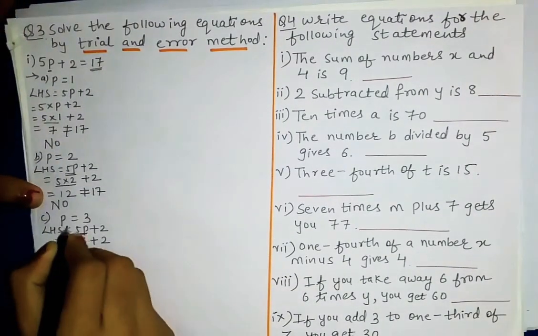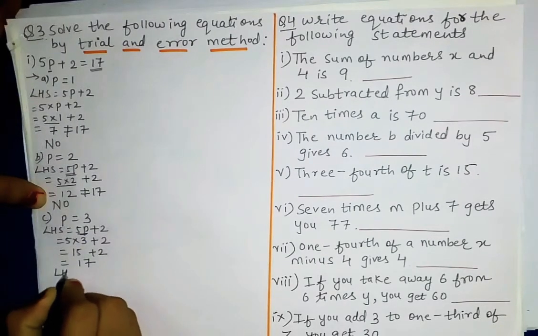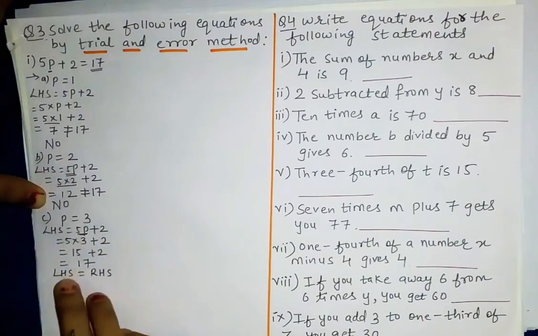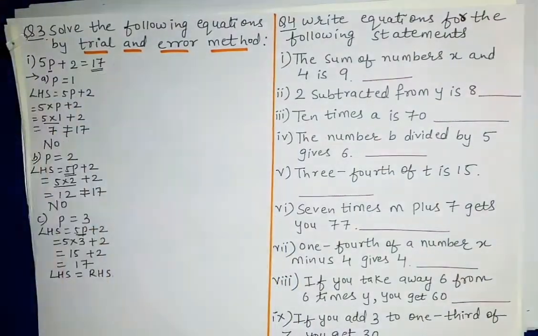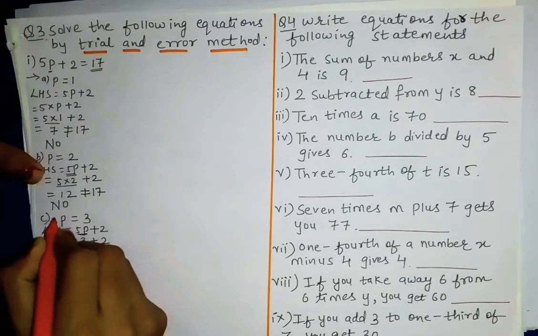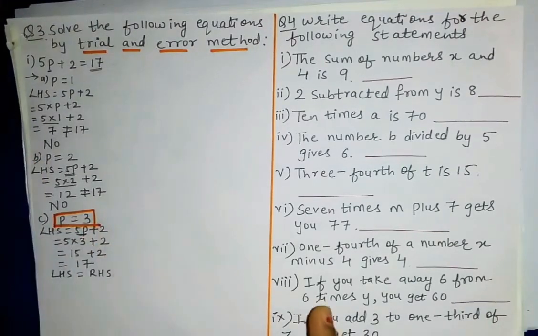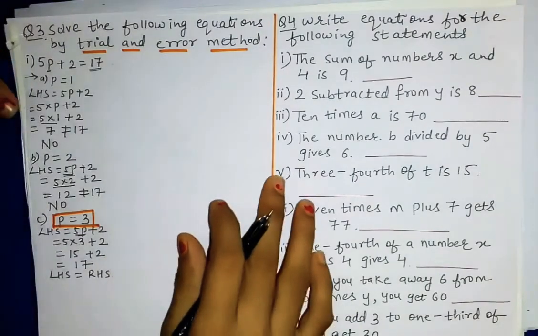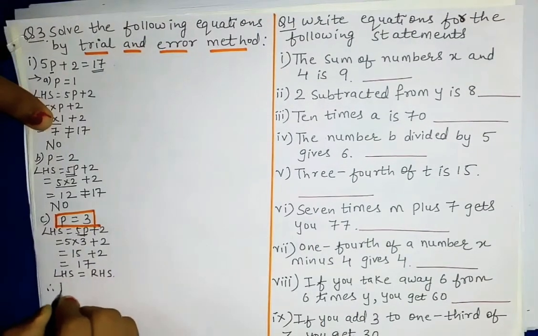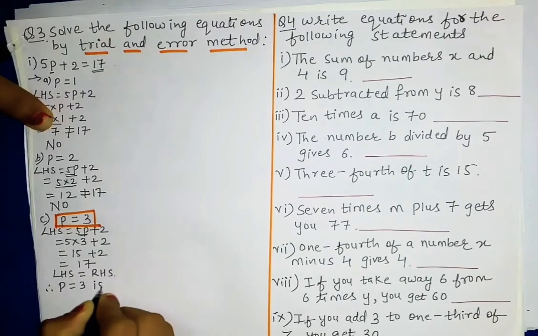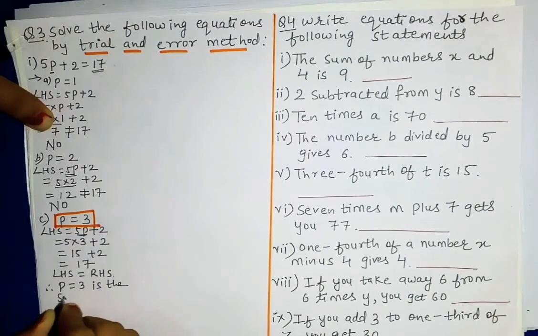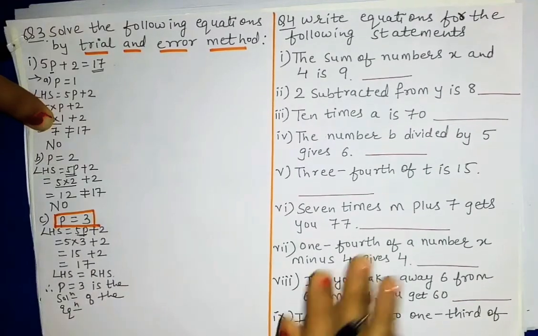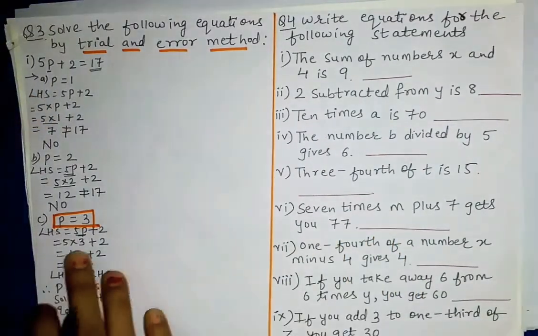So by keeping p equal to 3, I am getting LHS equal to RHS. I got 17 and here RHS was 17. So p equal to 3 is the correct value of this equation. Therefore p equal to 3 is the solution of the equation.